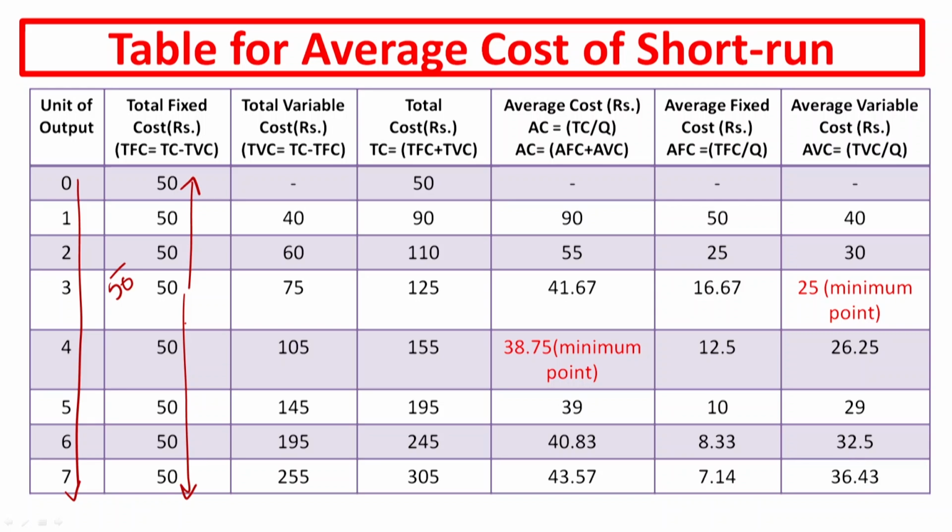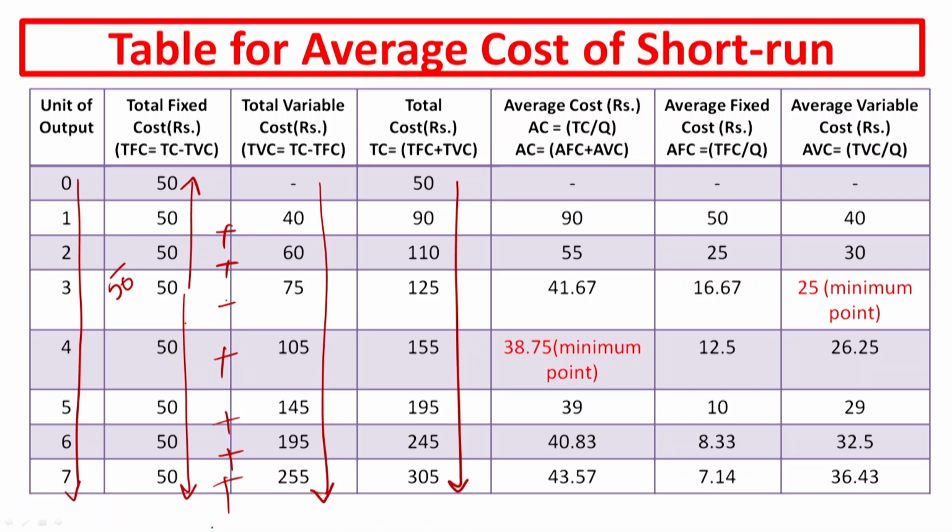Your total variable cost also increases with every increase in level of output, and your total cost is nothing but the combination of total fixed cost and total variable cost. This portion we have already discussed when we discussed the total cost of the short run.